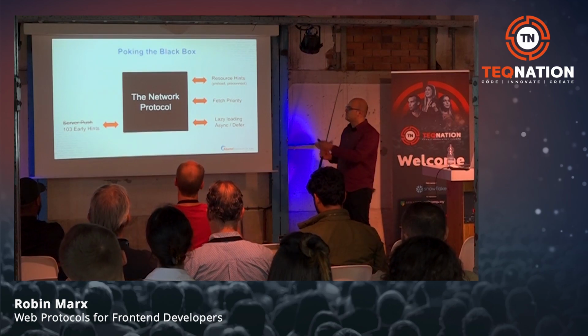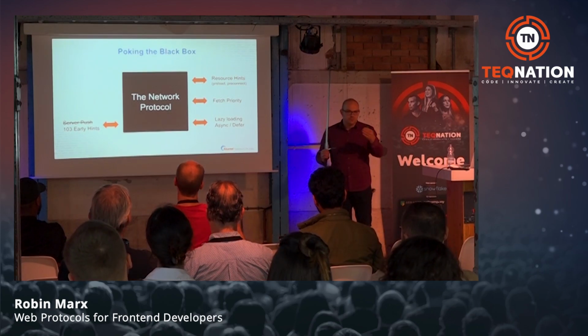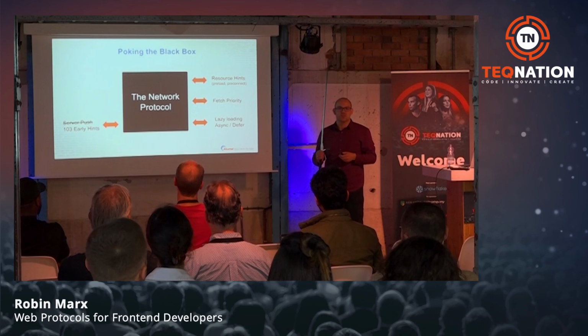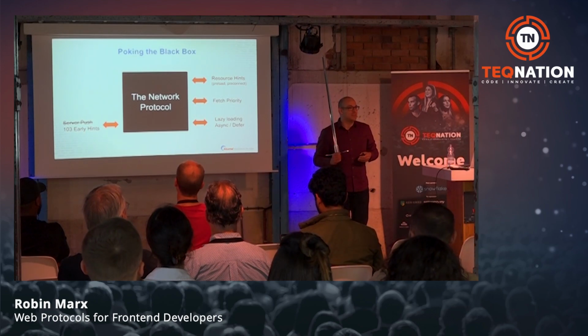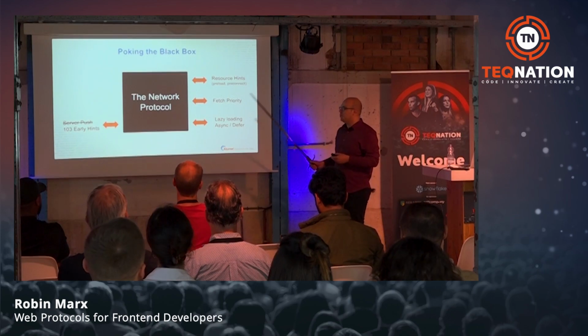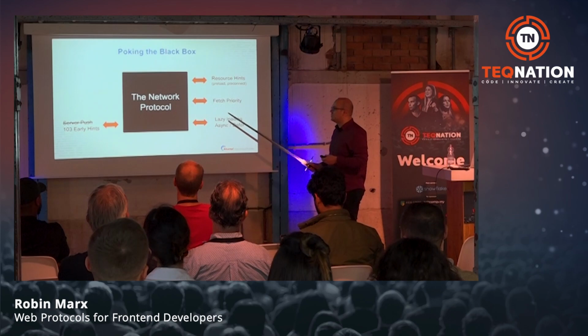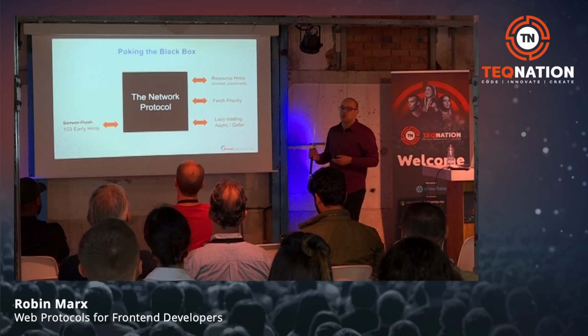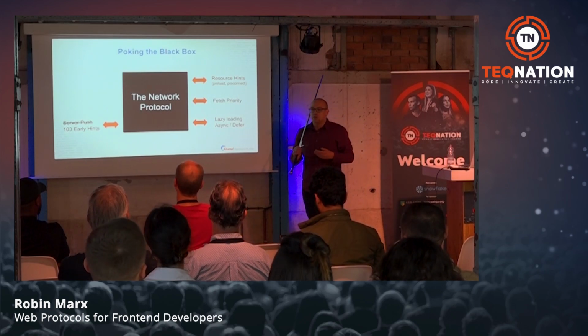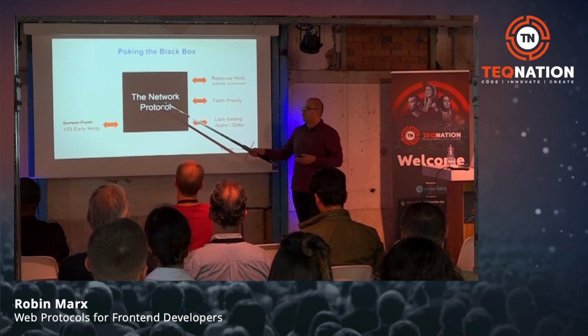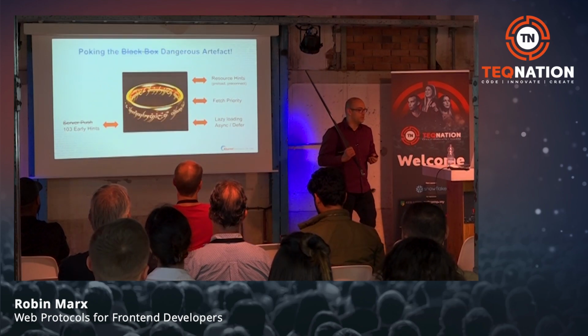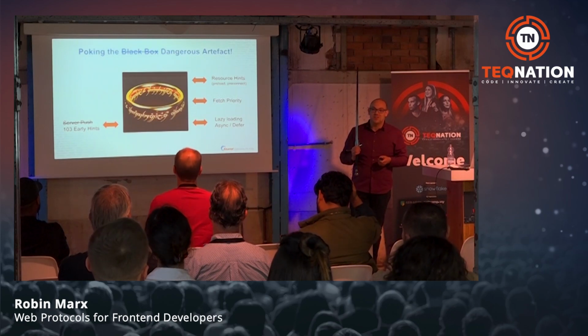You might use some of the features listed here on the slide that are available to front-end developers. And you often make mistakes when doing that, because like we said, it's a black box. You don't really understand what's going on in there. And you try to use these features, but often in a suboptimal way. And so these very powerful, very performant protocol features might quickly turn out to be a very dangerous foot gun instead.